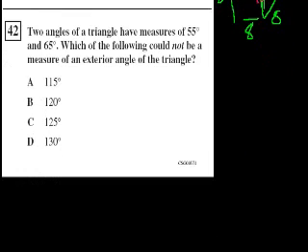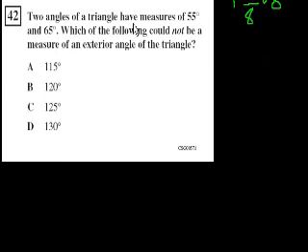Problem 42. 2 angles of a triangle have measures of 55 and 65. Which of the following could not be a measure of an exterior angle of the triangle? So I think this is a good time to introduce what an exterior angle even is. So if I draw any polygon, and I'll draw a triangle since that's what this question's about. So let's say that that's my triangle.